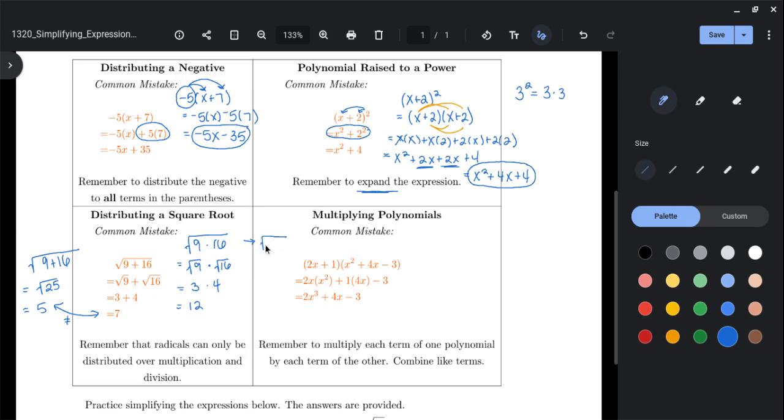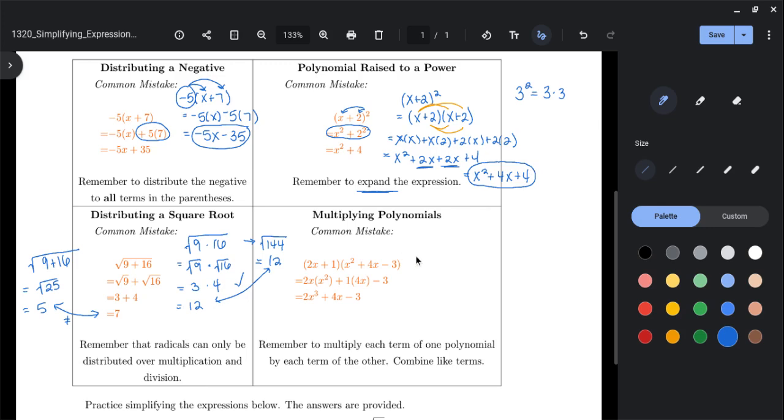Well, 9 times 16 is 144. If we take the square root of 144, which is a perfect square, we get 12, which is exactly what we got when we broke it up. So that one does work. And again, like I said, you can also do this with division, but you cannot distribute over addition and subtraction, only multiplication and division.